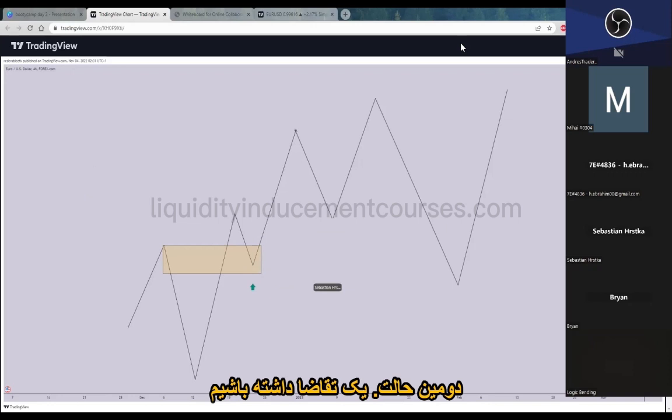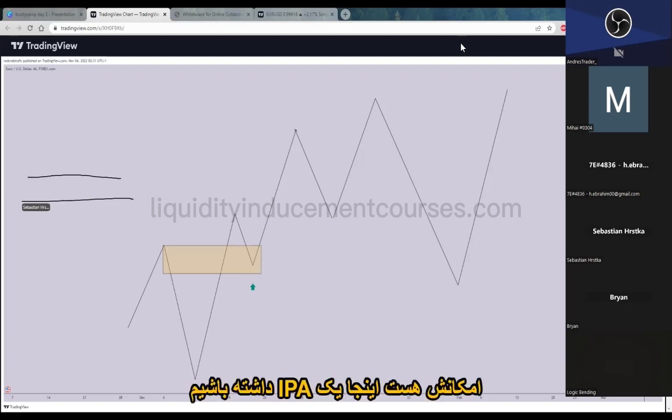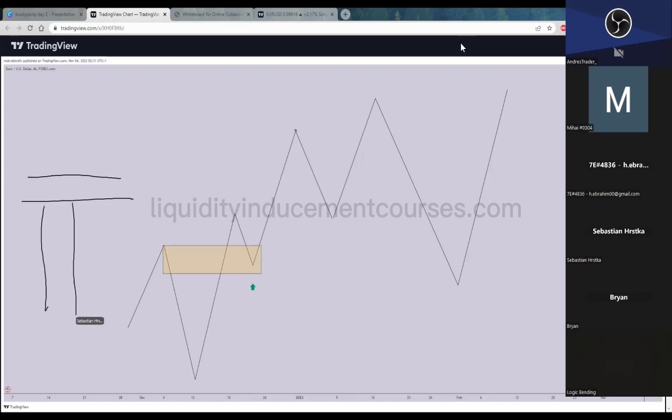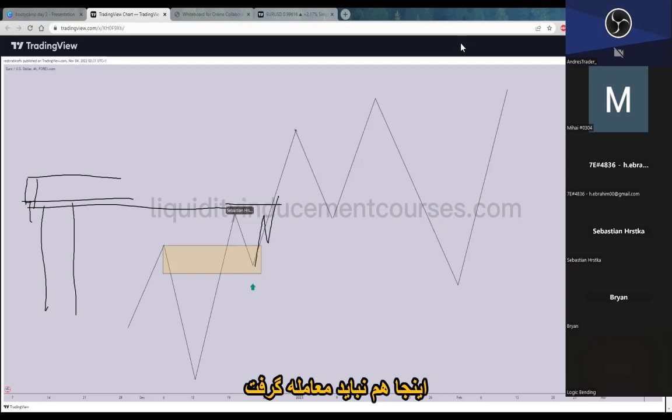And then of course a demand. There can be an IPA inside of this, and this is like a candle with a wick and price tapping into it. Not safe anymore to take buys.